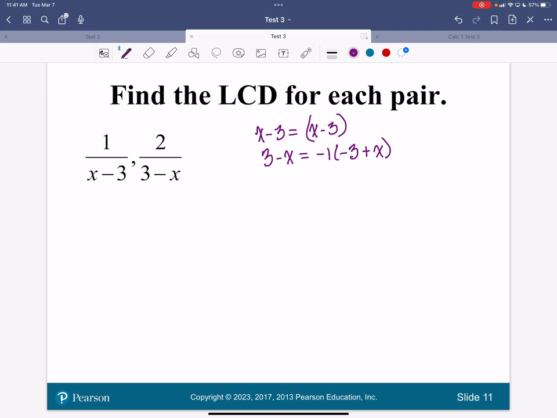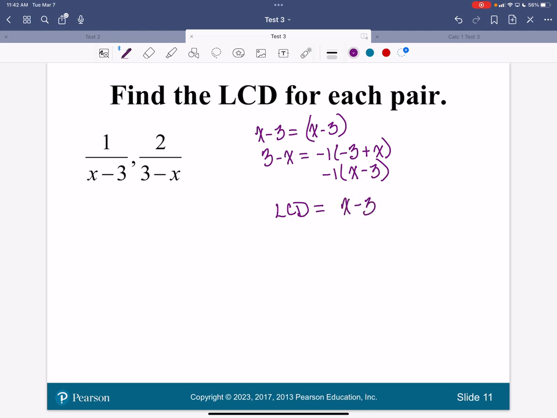Negative 1 times negative 3 is positive 3. Negative 1 times x is negative x. So that can be rewritten as x minus 3. So then, x minus 3 and x minus 3 are common. So my LCD is going to be x minus 3.